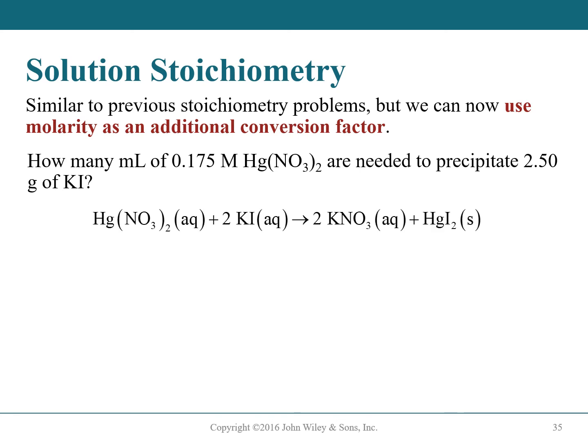So let's look at the balanced equation. And what we're trying to do is find out how many milliliters of our mercury 2 nitrate we need. So we're starting off with the mass of potassium iodide.